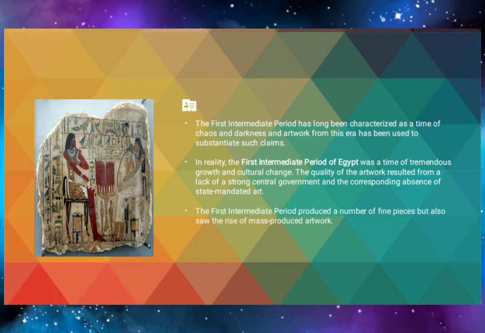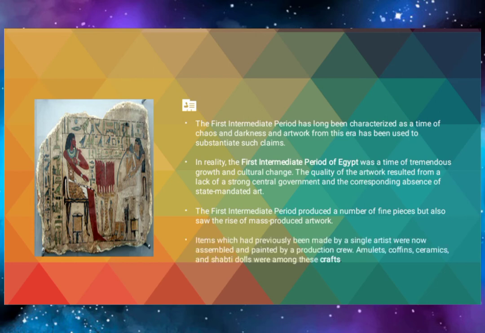So the first intermediate period produced a number of pieces, but also saw the rise of mass-produced artwork. Items which had previously been made by a single artist were now assembled and painted by a production crew. Amulets, coffins, ceramics, and shabti dolls were among these crafts.